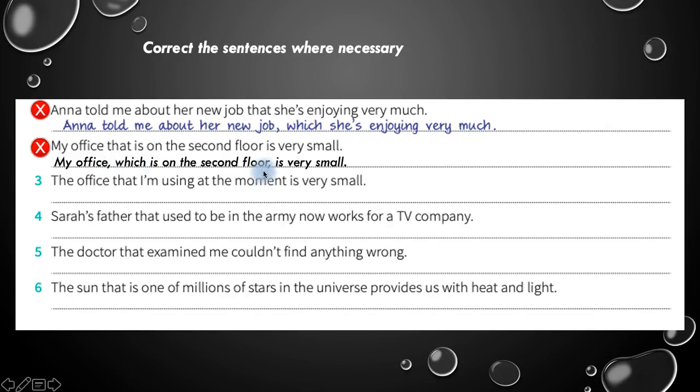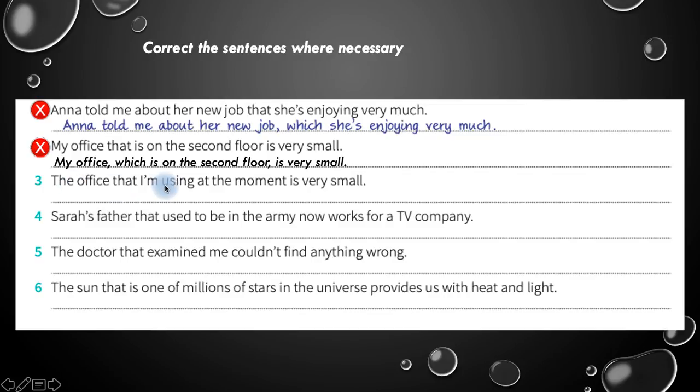Yeah, 2 commas are missing. And actually 3, I'm sorry, because instead of that, we must use which. That's a non-defining relative clause. We cannot use that in non-defining relative clauses. My office, which is on the 2nd floor, is very small. This is the correct sentence.